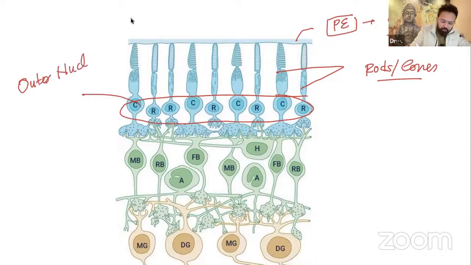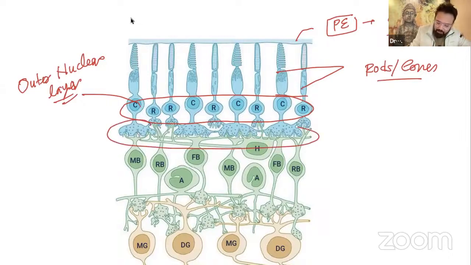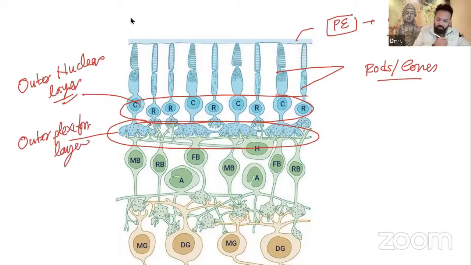So many MCQs in your examination about the outer nuclear layer. Okay. Then these rods and cones are forming a plexiform on the bipolar cell. So this is called the outer plexiform layer.